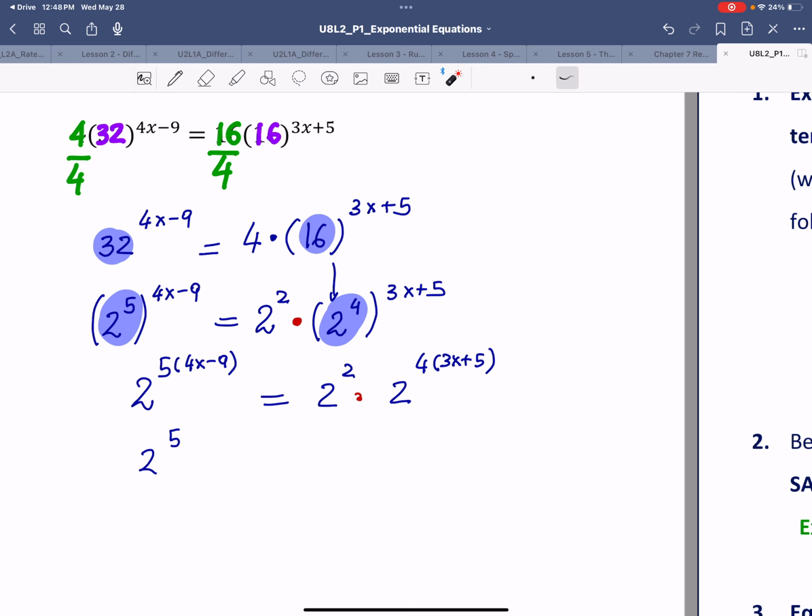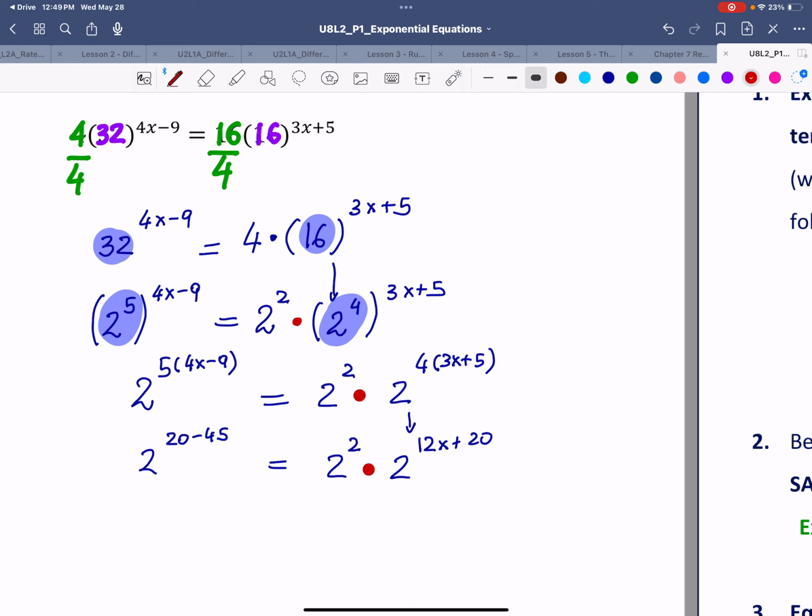If you want to, you can start expanding in here. That's totally fine. And I would write 20x minus 45. And on the right side, we're going to have to write this term here as 2 to the power of 12x plus 20. And obviously, we still have the 2 squared here.